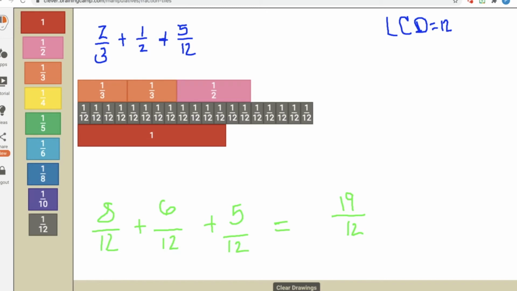I would simplify this to 1 whole, and that would have 1, 2, 3, 4, 5, 6, 7. 7/12. So 19/12 is the same as, or equivalent to, 1 and 7/12.